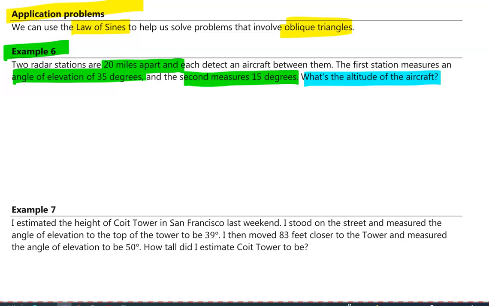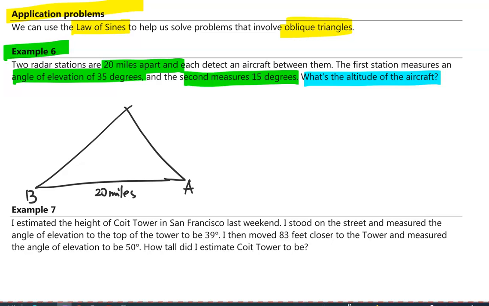So it says here that two radar stations are 20 miles apart. So let's say these are the two stations, A and B. This is 20 miles apart. And the angle of elevation of the first one is 35 degrees. And the second measure is 15 degrees.